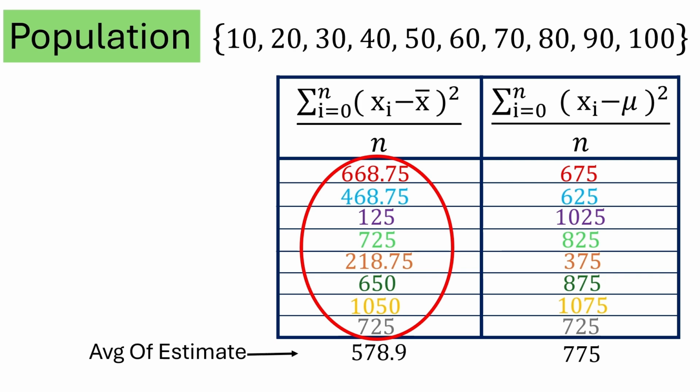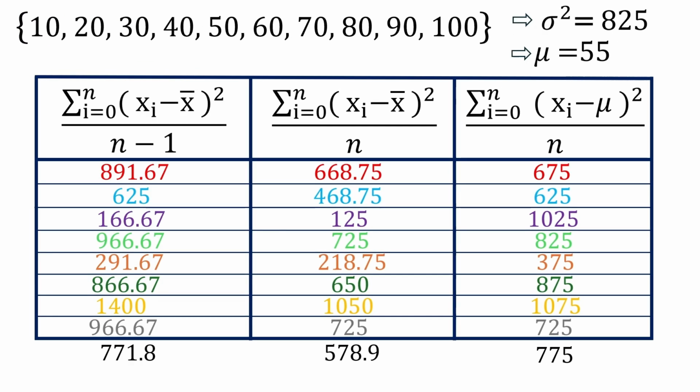See, the average of the estimate is simply the average of the column: sum all the values of the column and divide by the total number, that is 8. Now I also found the population variance estimate for these same 8 samples using the Bessel's correction formula, so I will just plug in the estimate here.